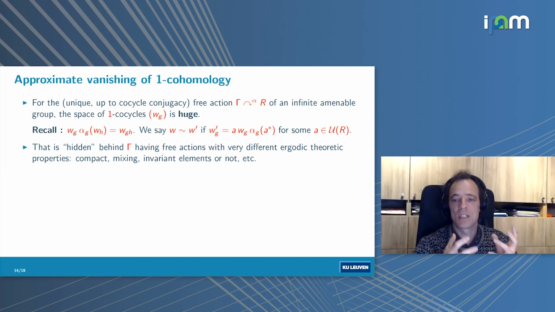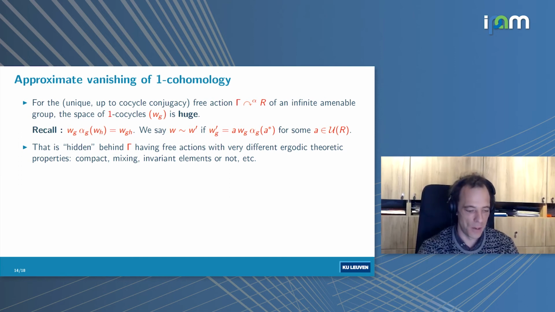Now, the fact that this is possible is because there is such a huge supply of one-cocycles, because you can have free actions that have very different ergodic theoretic properties, like being compact or being mixing or having invariant elements or not. All of that is preserved by conjugacy, not at all preserved by cocycle conjugacy. And so there is a huge supply of one-cocycles in this context.